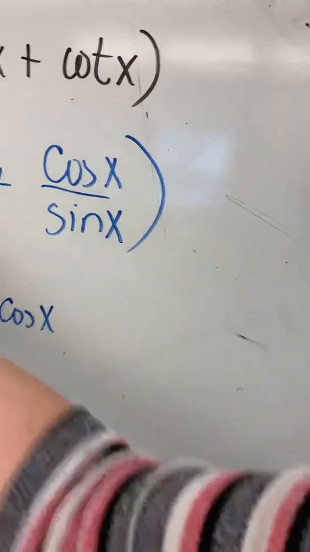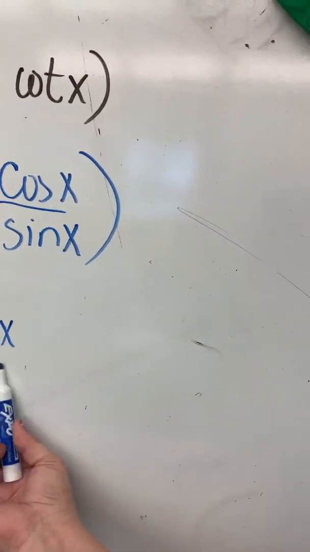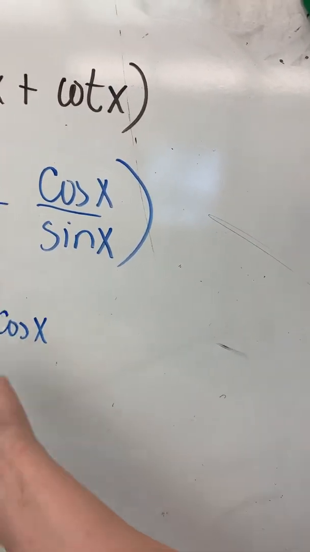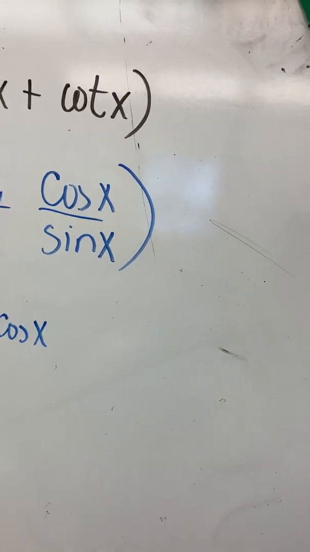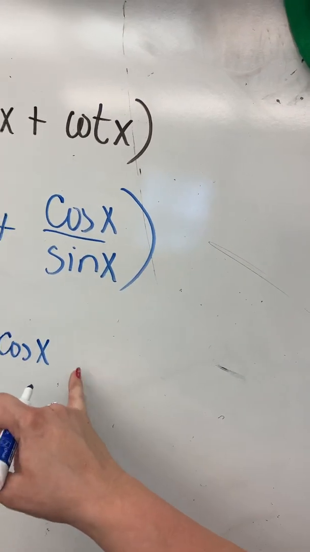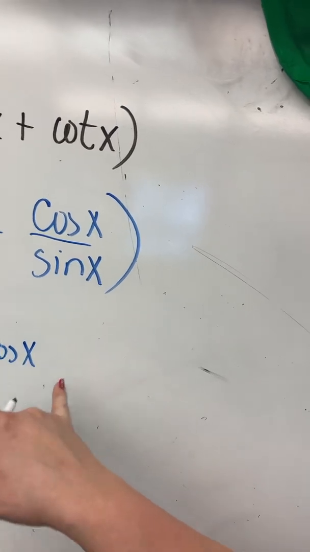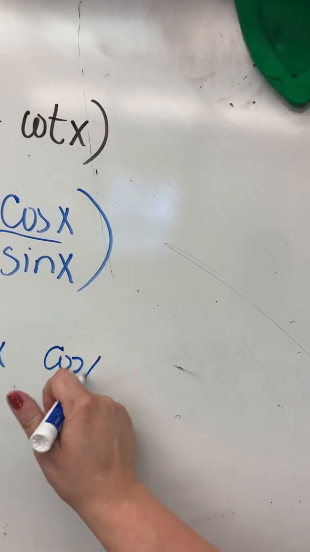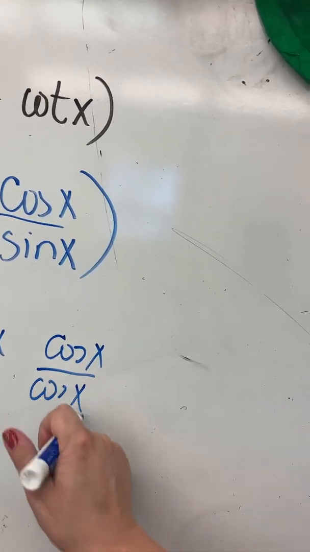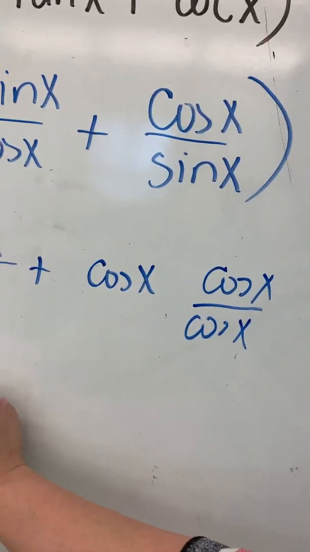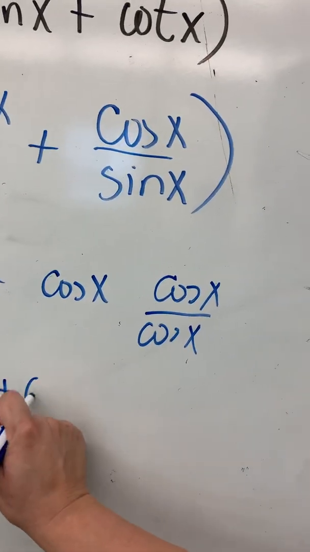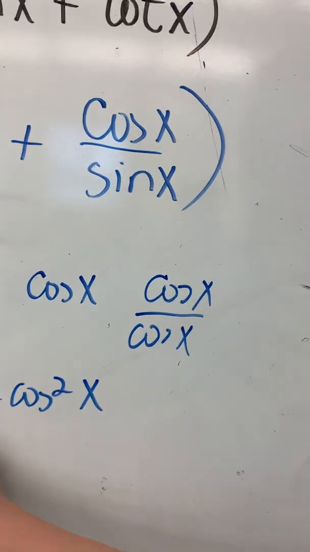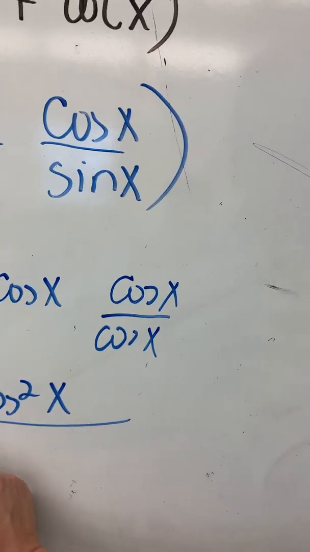The sines here canceled for this one, so I was left with just a cosine. When we're adding fractions, what do we have to have? A denominator. So what do I need to multiply this one by? Cosine over cosine. So now I've got sine squared x plus cosine squared x over cosine x.